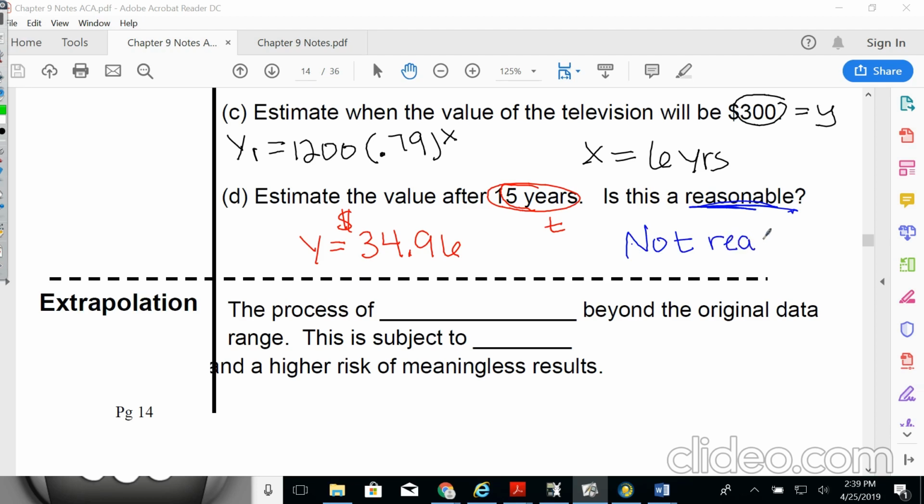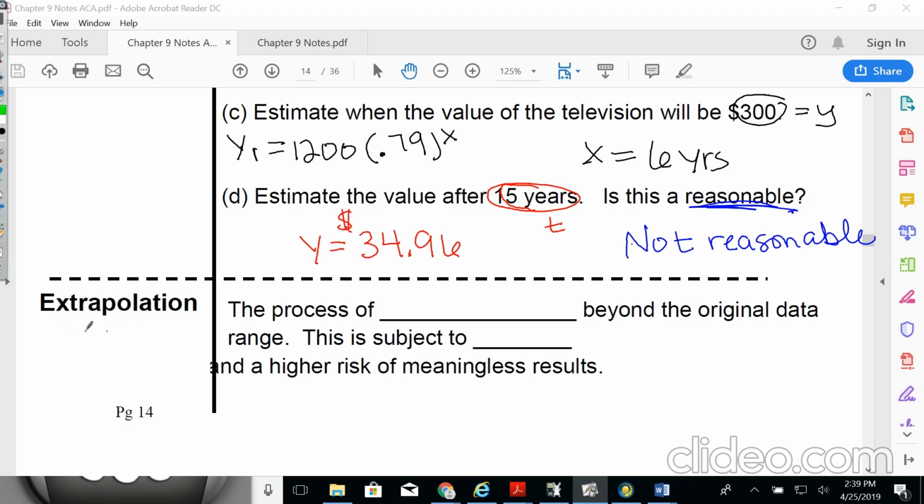So we say this one's not reasonable. Technology changes so quickly that in 15 years, the TV we have now is probably not going to work. Or it's going to be a way better version. So it's not going to be worth anything at that point.